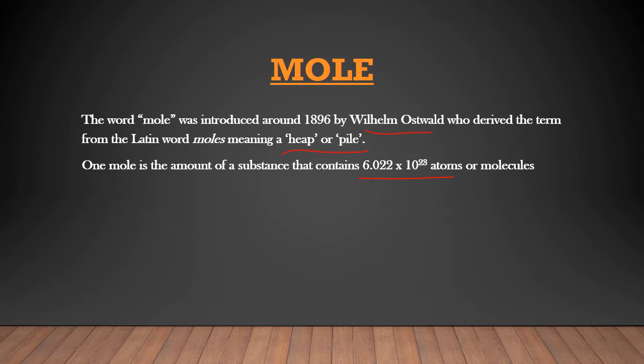Say for example, if I have 100 grams of a substance A, I'm just taking a random example. This 100 grams contains 6.022 into 10 raised to 23 particles. Now, what particles?